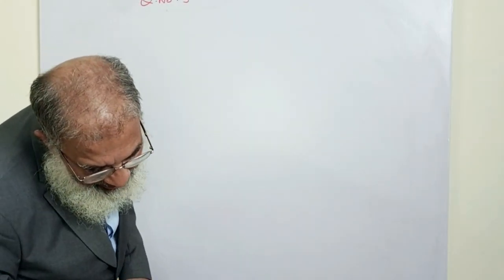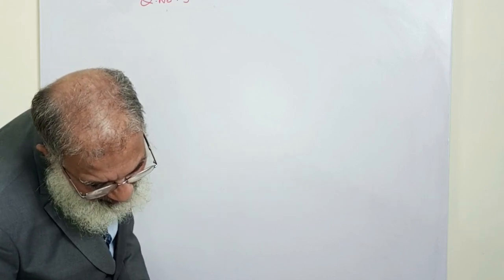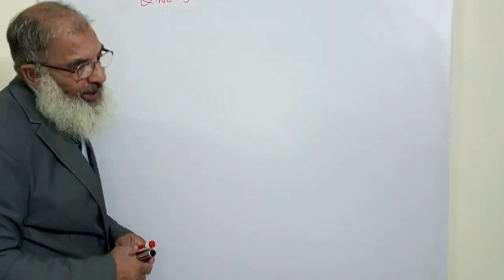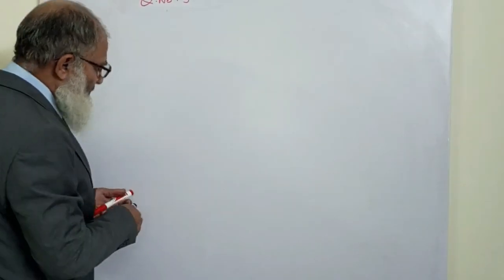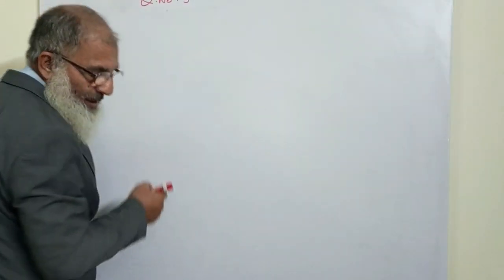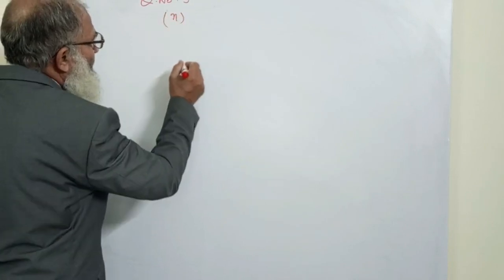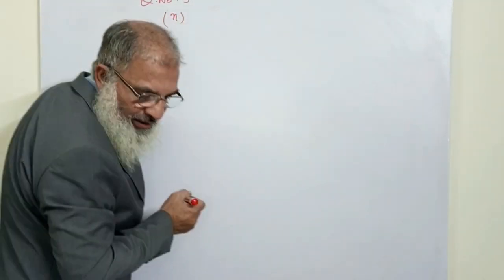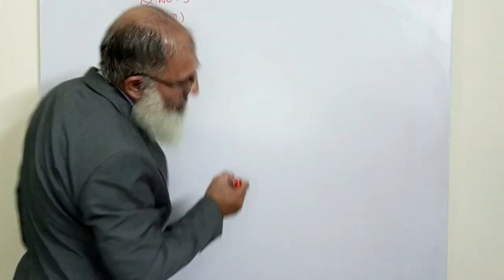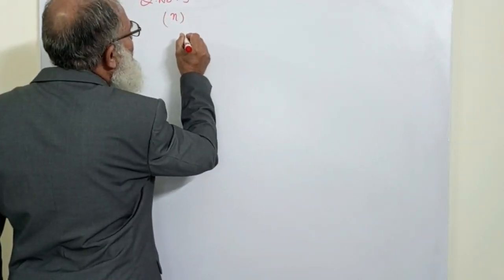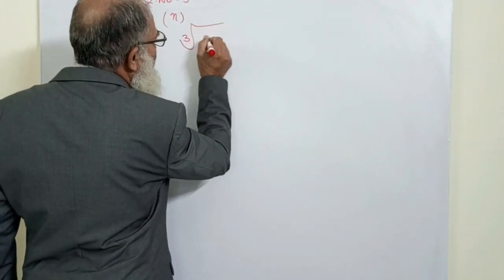Now dear students, let me take question number 3 part B. Again I am going to take the example of 1. Now what does it say? Cube root of x is equal to 1.